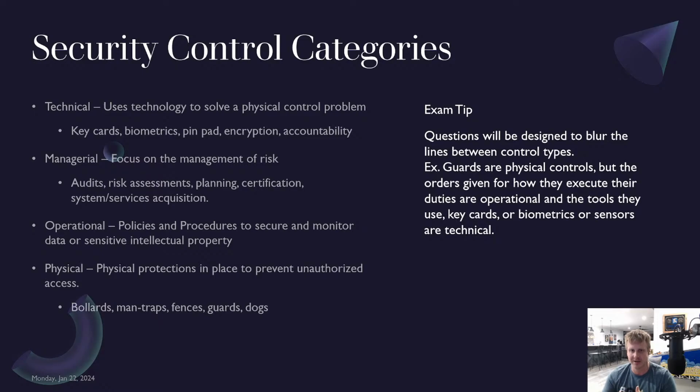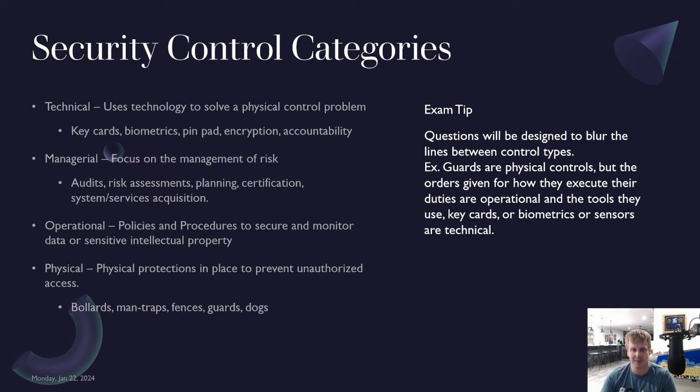So things like key cards to allow access, biometrics, pin pads, anything that you can protect using technical controls. So even firewall rule sets, things like that do apply there as well. So more about the configuration and implementation of those rules, and actually using them to protect your network is considered technical control.